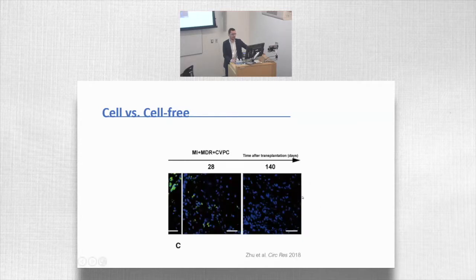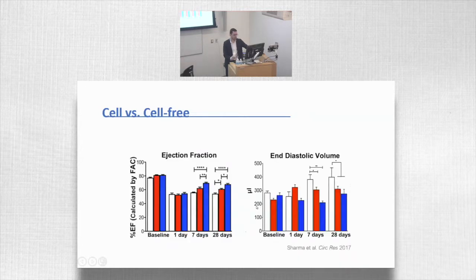That's another histology example where there are basically no cells found afterwards. And other groups have shown these results quite strikingly: the red group here are those in a murine model where cells were delivered, versus those that just received the secretome.